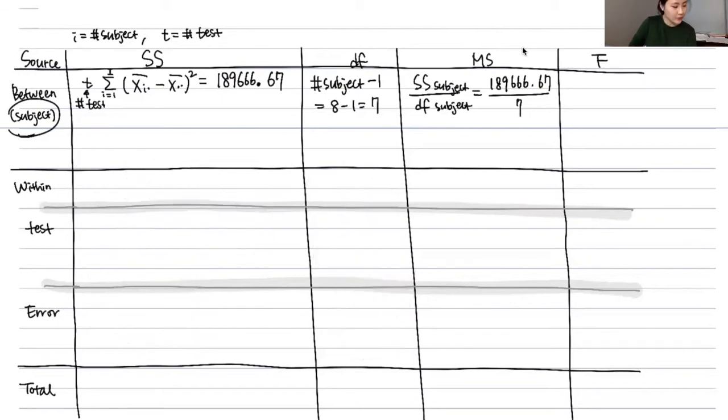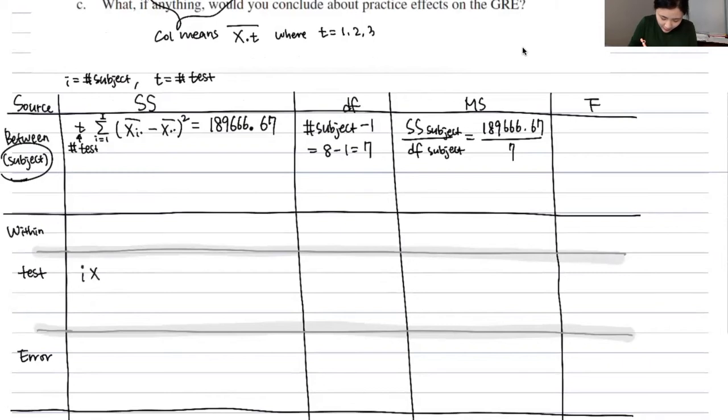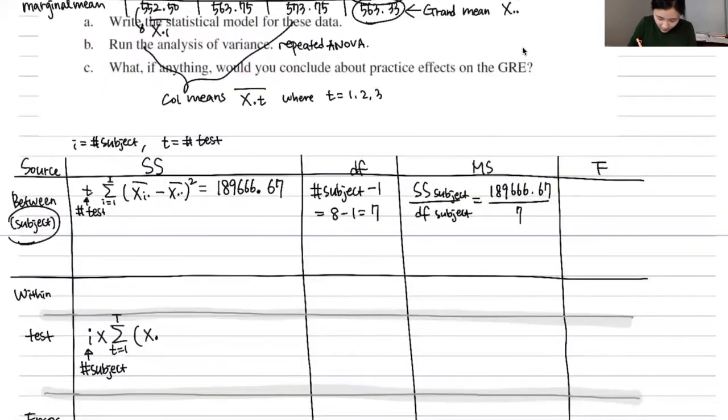I'm going to show you how to calculate the sum of squares for test. It is I, the number of subjects, here 8, times sigma t from 1 to T of X dot t bar minus the grand mean squared.